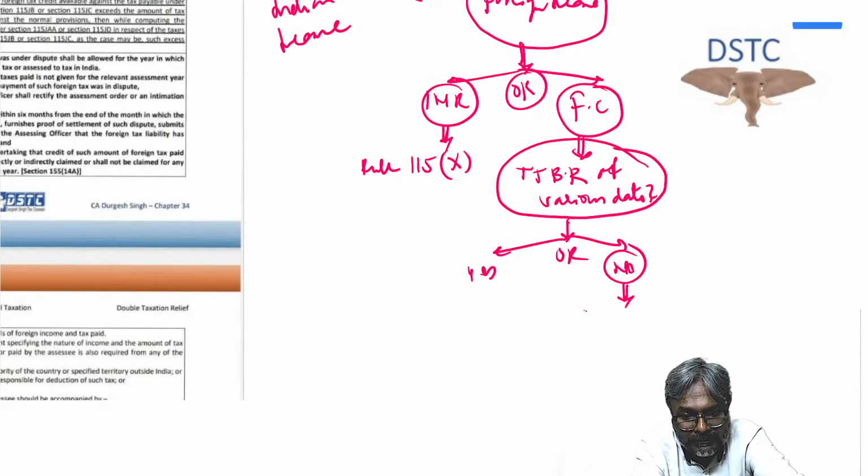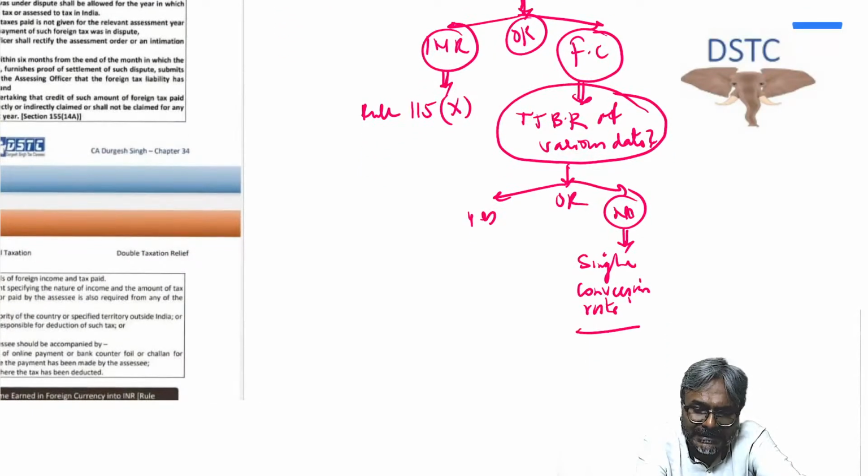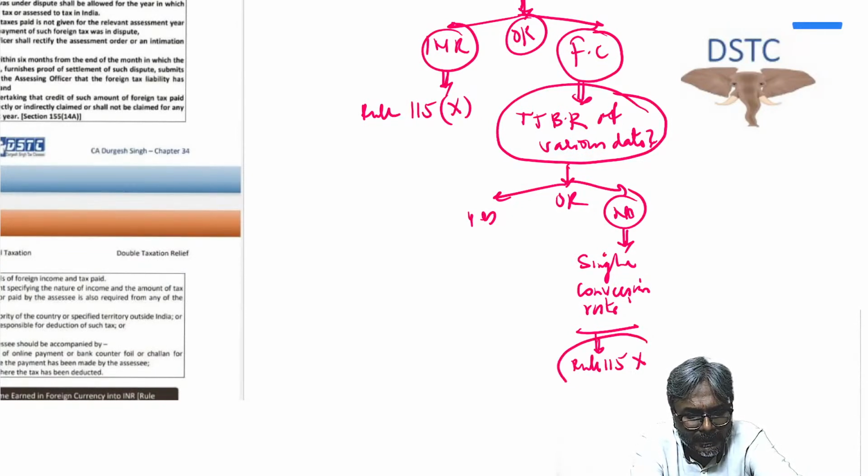Only a single conversion rate is given. If only a single conversion rate is given, then that's it. Many questions give only one single conversion rate for foreign income, so you don't have to do anything. When a single conversion rate is given, Rule 115 is not applicable.